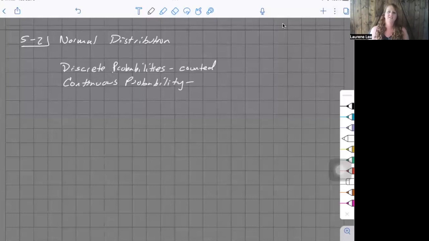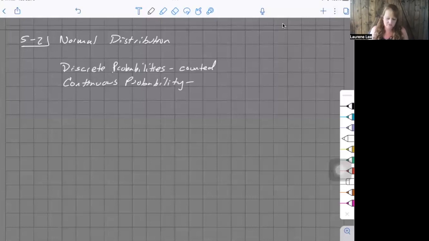Now the idea of countable and uncountable in math can kind of freak your mind out a little bit. That can be a little hard to grasp. What I just want you to understand is that sometimes we make a bar chart and sometimes we draw a continuous curve, because there are so many possible outcomes that it doesn't make sense to draw individual bars.